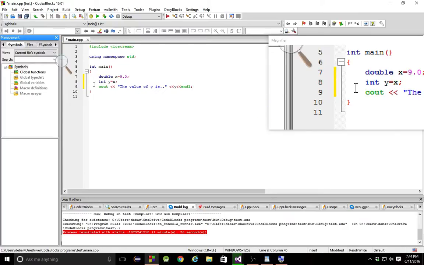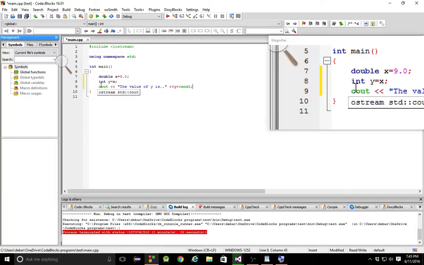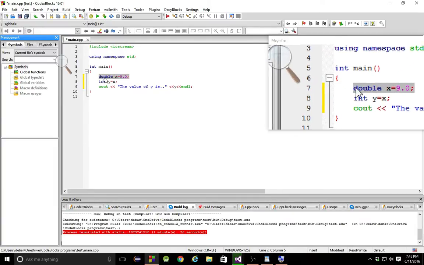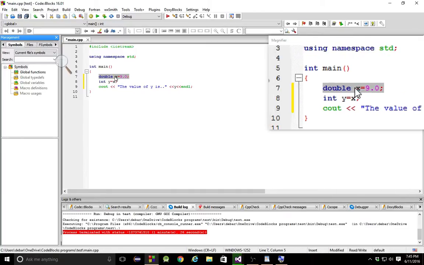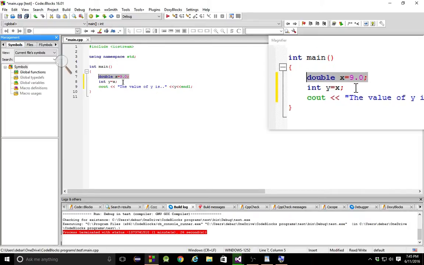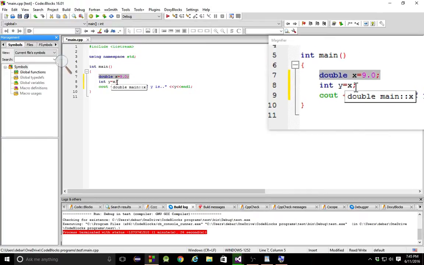So look what we did here. We assigned a double to an integer. And remember, doubles actually take up more space in memory. So technically you're assigning a double value to a smaller type. And in C++ you can get away with this.